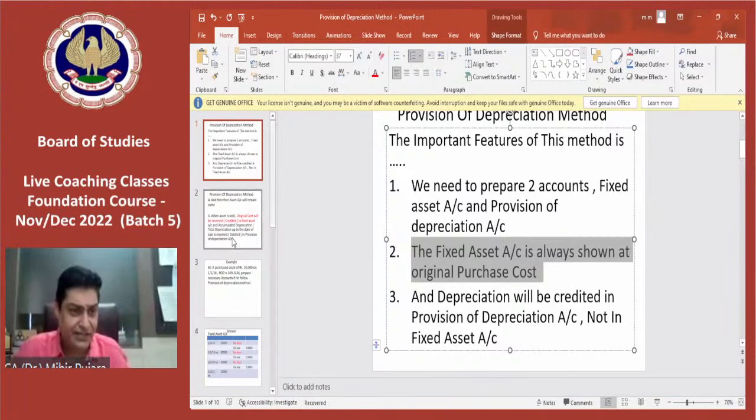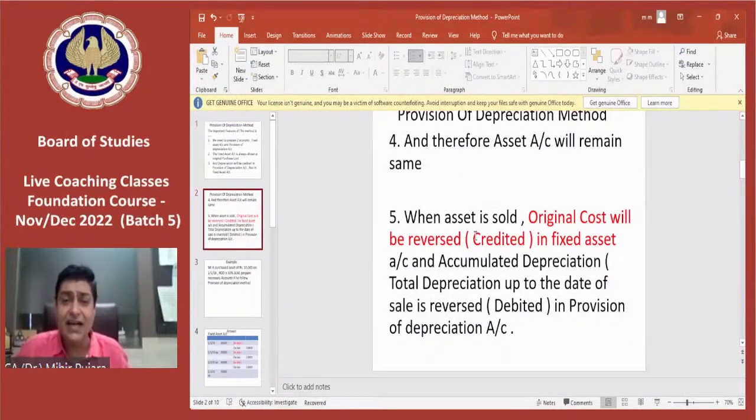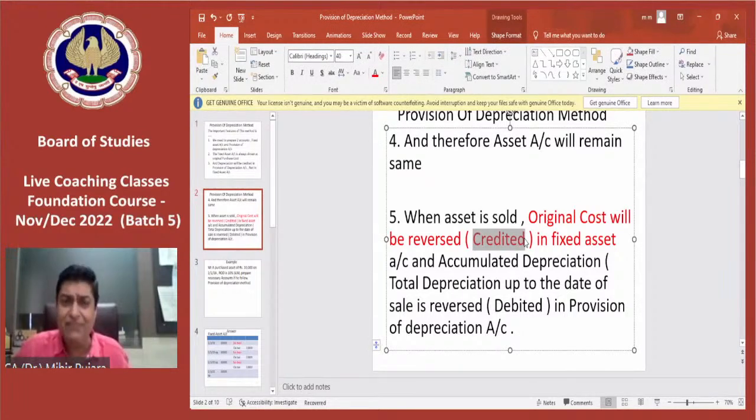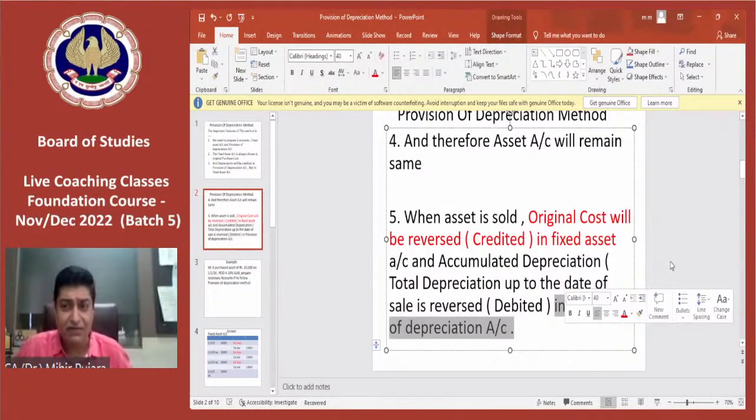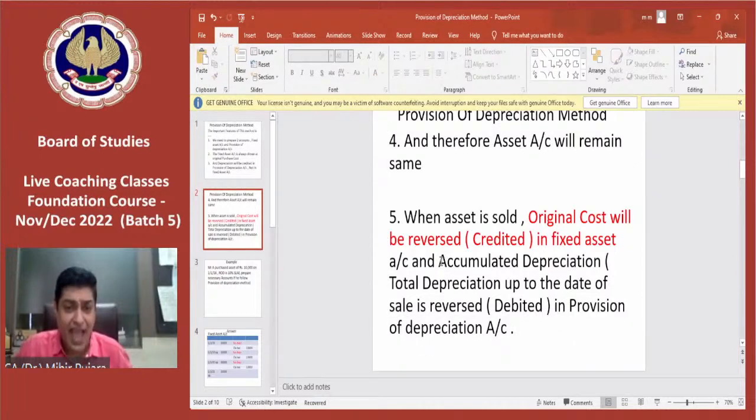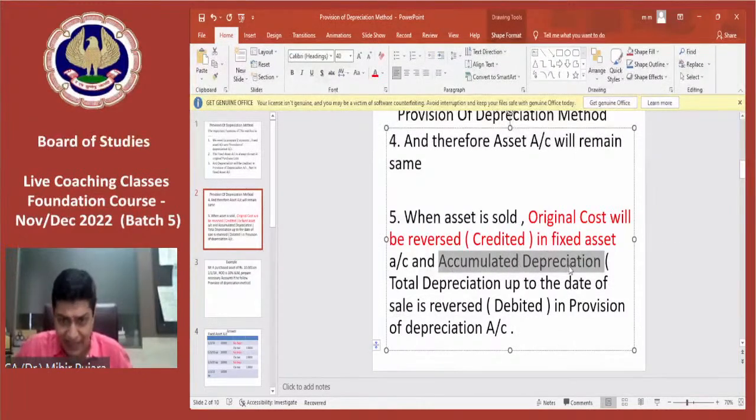So when you sell the asset, guys, this account will be credited with original cost, and your POD account is also reversed, but with which amount? With accumulated depreciation. That is total depreciation up to the date of sale.